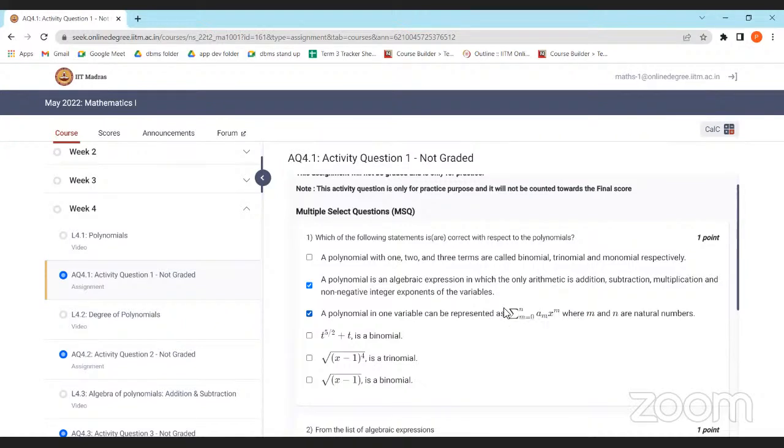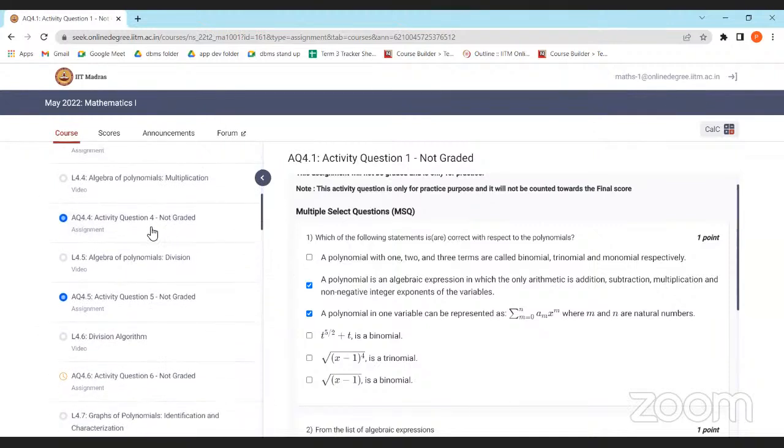What's your doubt in this? Here it is simply a coefficient. If we consider a2 x square plus a1 x, that is a polynomial in one variable. That's the simple thing.